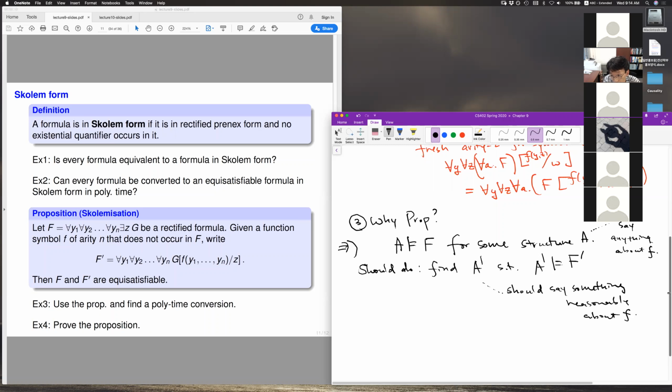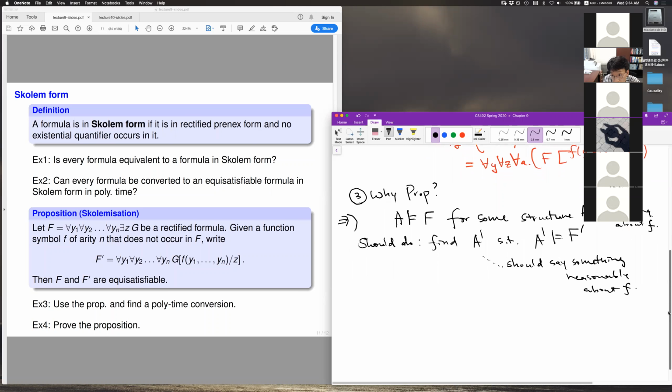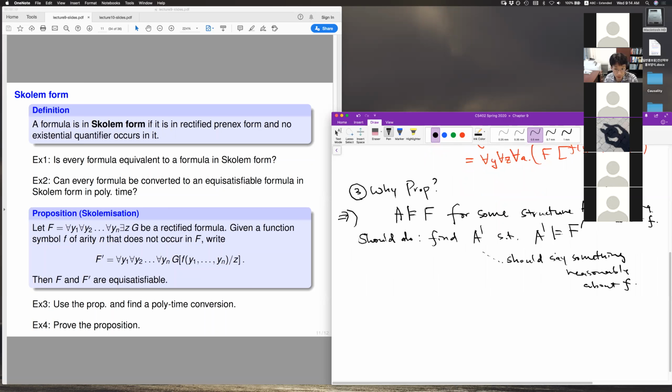If we do this correctly, then we will end up with an A prime that satisfies the new formula F prime. Instead of going through all the details, I will just show how we can define f, and then the rest, if you just follow the semantics, you can easily prove that A prime satisfies F prime. So the question becomes, how should we define the meaning of this small f under A prime?